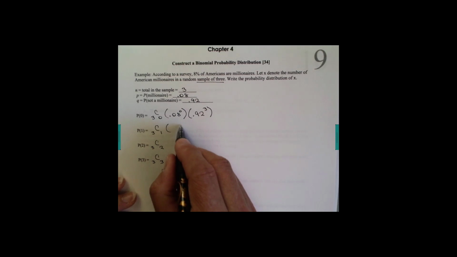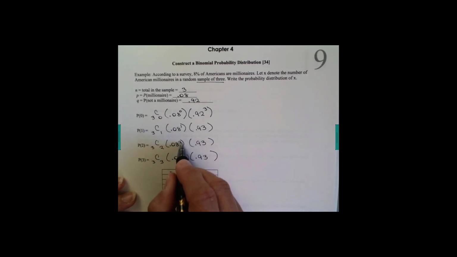Okay. And then something else that I always know. I know these are always going to be the same P and the same Q, don't I? I'll go ahead and put the P and Q in, remembering that I haven't put the exponents with them yet. Now let's put the exponents in. I need this to be P raised to the power of X. Well, X in this one's 1, 2, and 3.